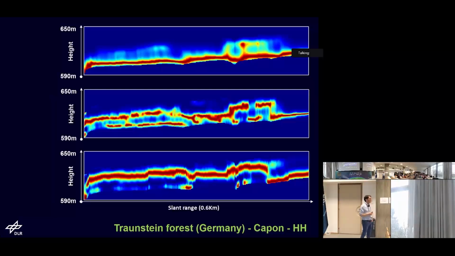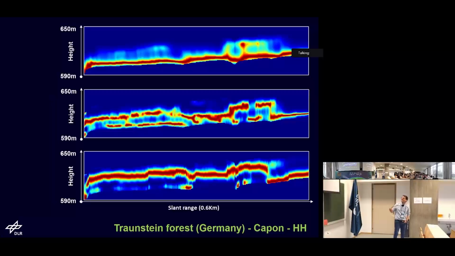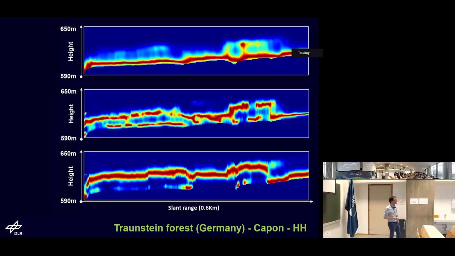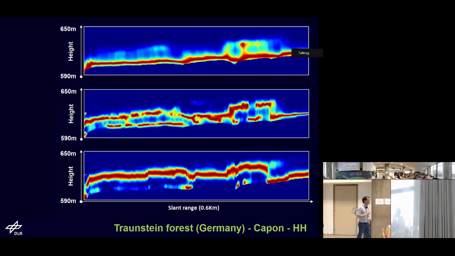Why? Because it's surface. But here, where will be your phase center? Where will be here your interferometric phase center? So your interferometric phase will be somewhere close to the ground, or in the middle. In the middle.